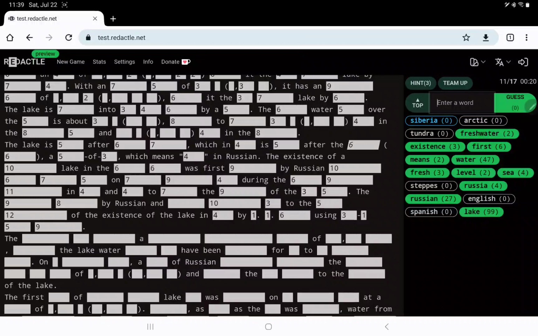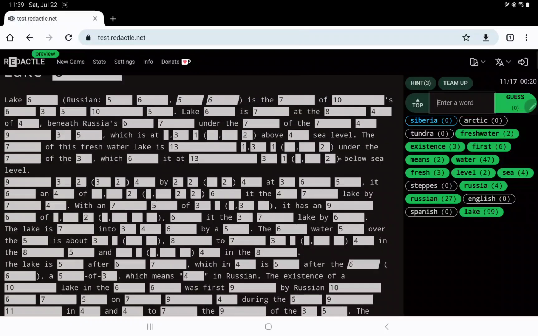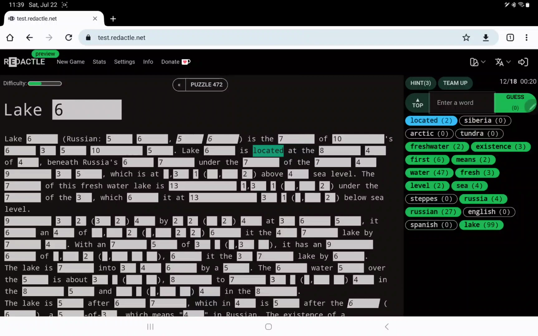Whereabouts in Russia could it be? Beneath Russia's 6-7. Is located at the something something of something.